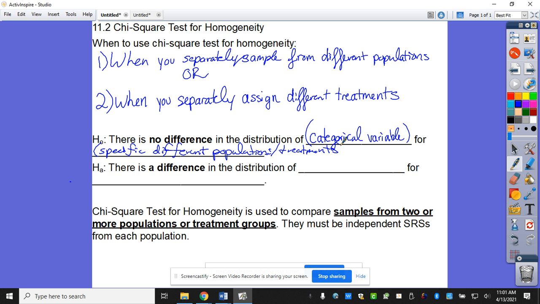Hopefully I give you more reason to write. It's supposed to say specific different populations or treatments.